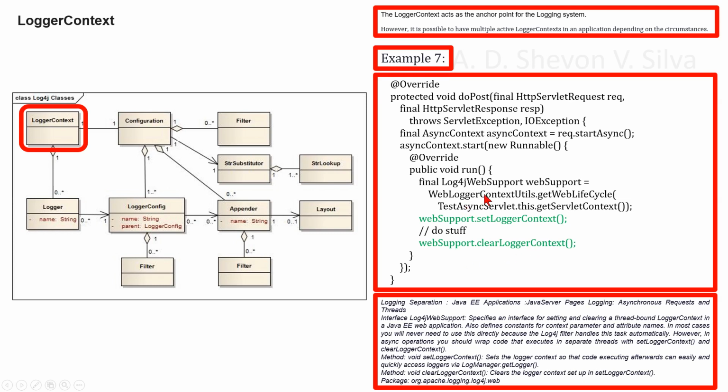The interface Log4jWebSupport is specified as an interface for setting and clearing the thread-bound logger context in a Java EE web application. It also defines constants for context parameter and attribute names. In most cases, you will never need to use this directly because the Log4j filter handles this task automatically.